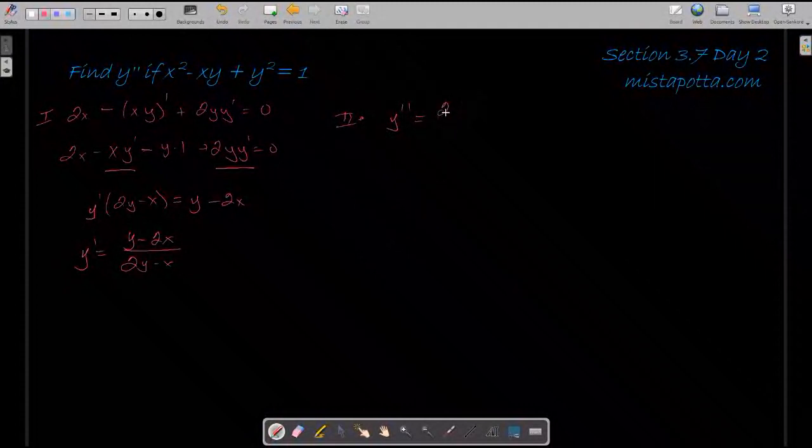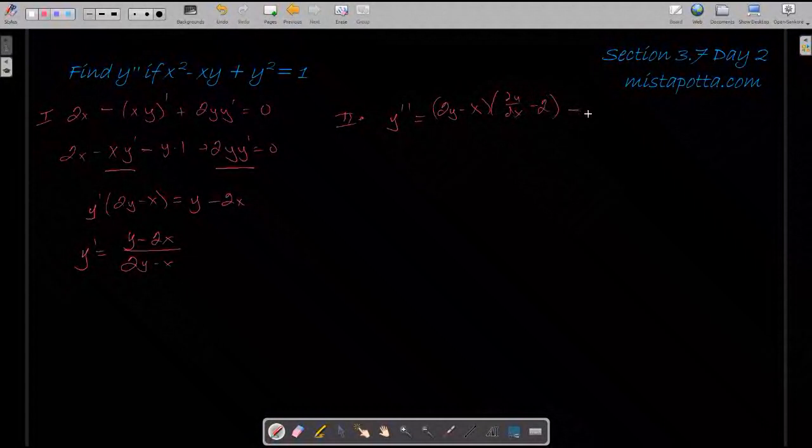So I'm going to have the denominator, 2y minus x, times the derivative of the numerator, which is going to be dy dx minus 2, minus my numerator, y minus 2x, times the derivative of my denominator, which would be 2 dy dx minus 1.